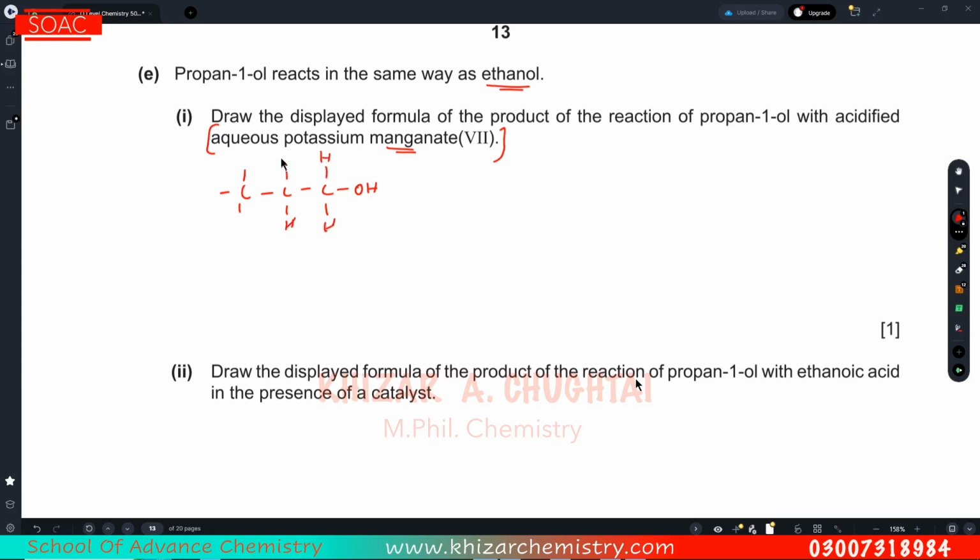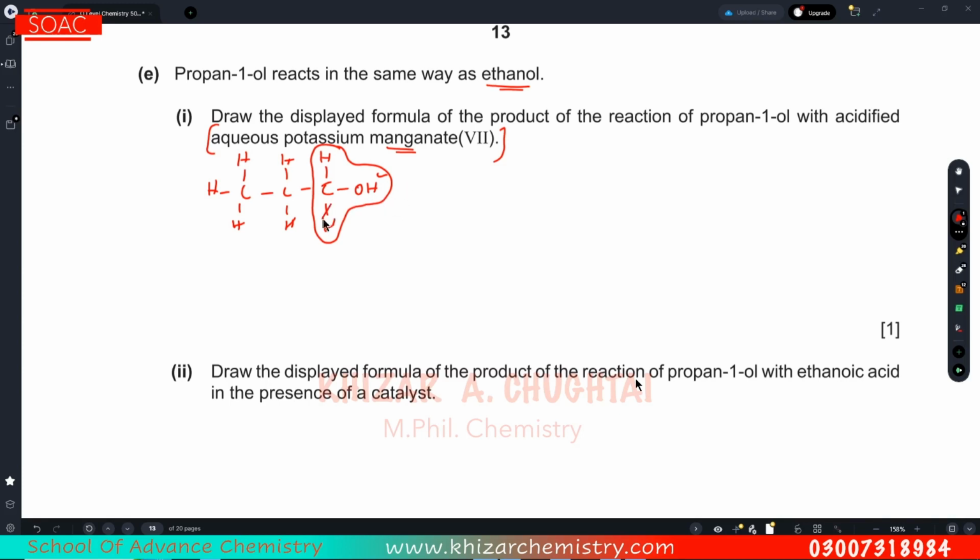Upon the addition of KMnO4, the oxidizing agent, the carbon that has the OH group will be under oxidation and changed into a carboxylic group.